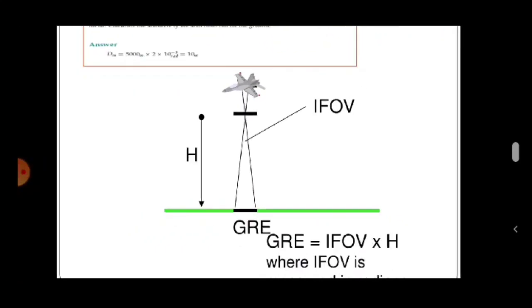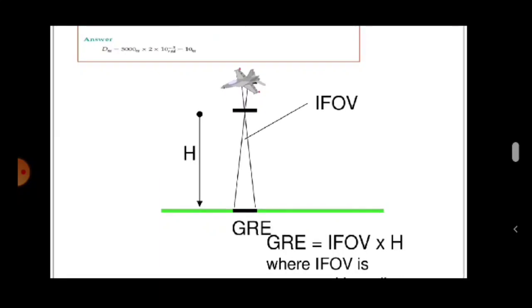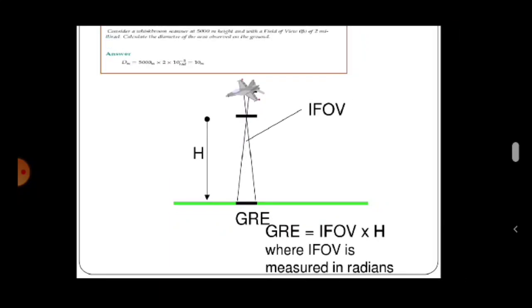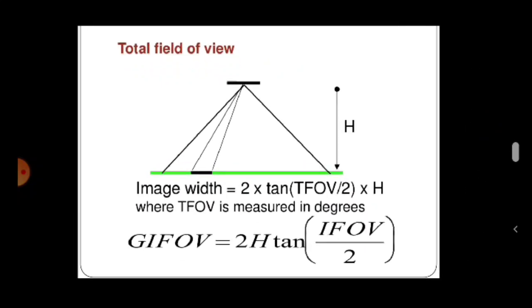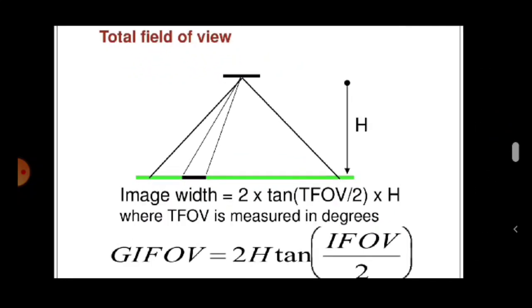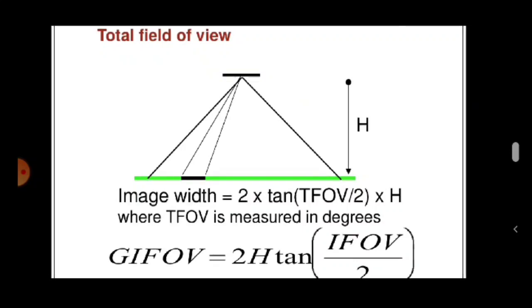GRE is found as IFOV multiplied by the height of the platform. These are some additional formulas for you.